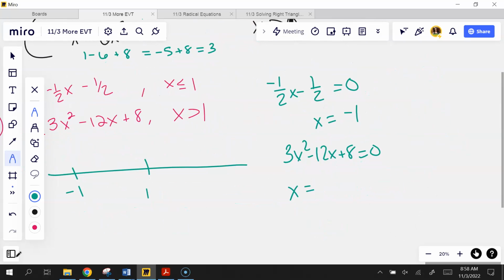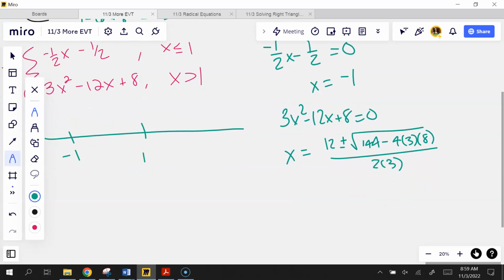Opposite B plus or minus the square root of B squared, so that's 144, minus 4 times A times C, all over 2A. 144 minus 96 would be 48. Is that right? Look at me and my mental math.